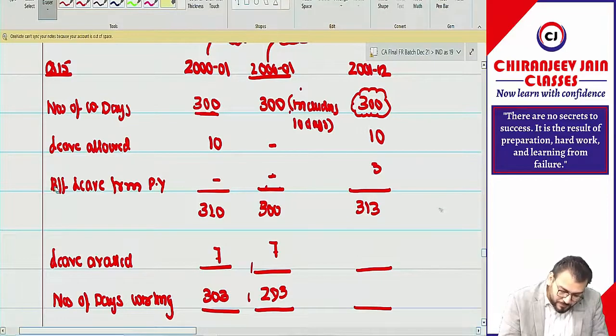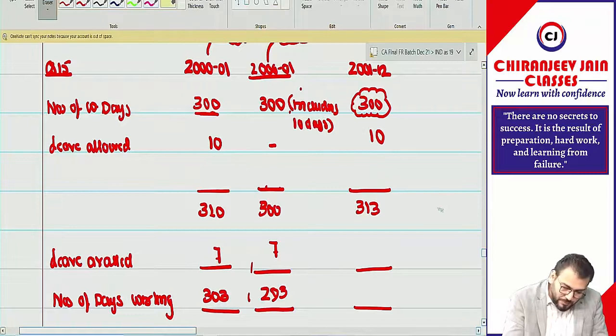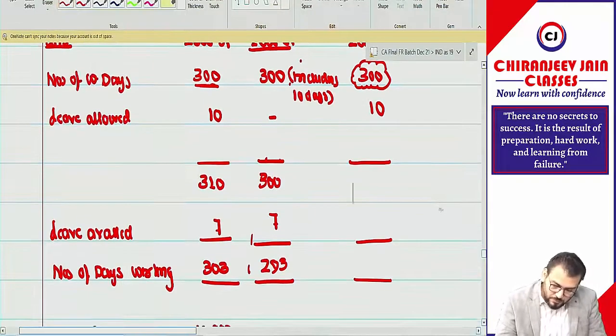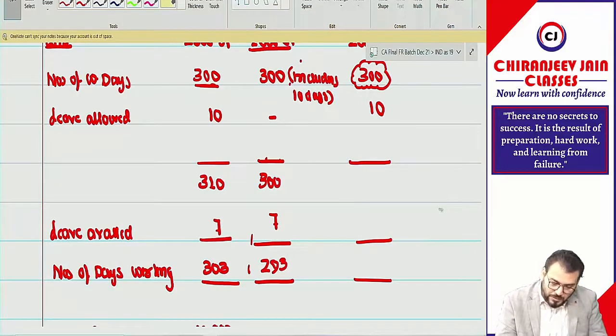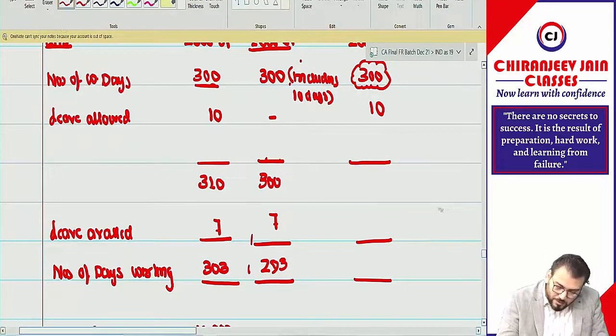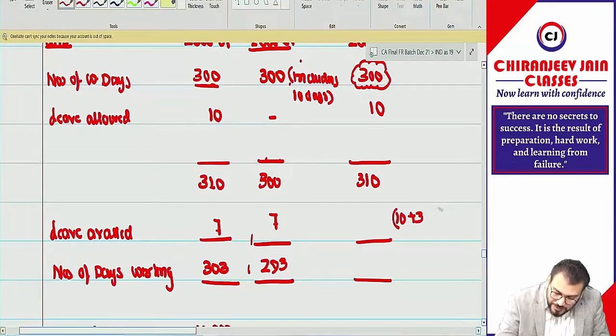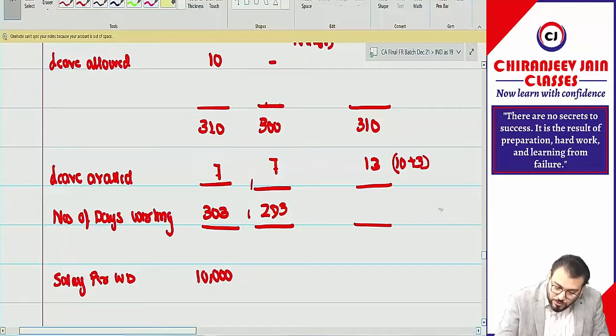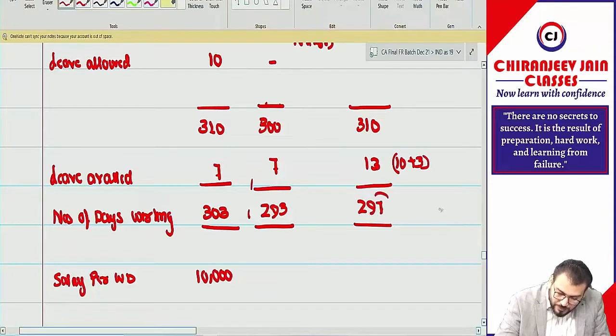You delete this. Now it becomes 310, and leave availed is 10 plus 3, that is 13. So it becomes 297.